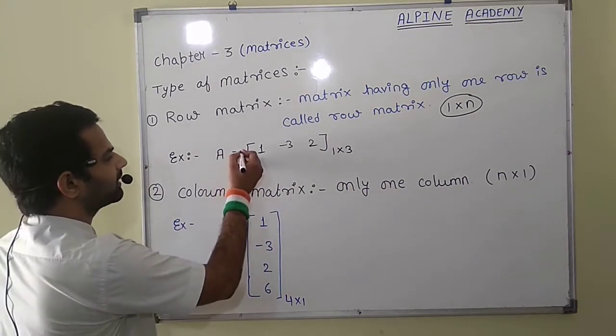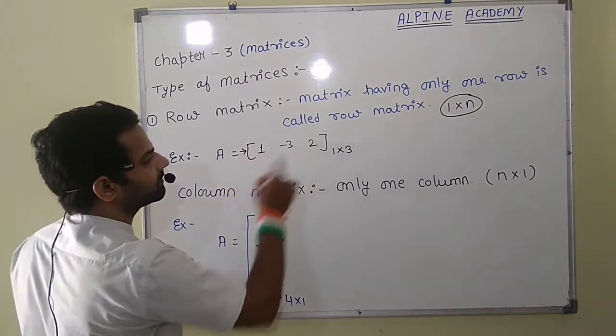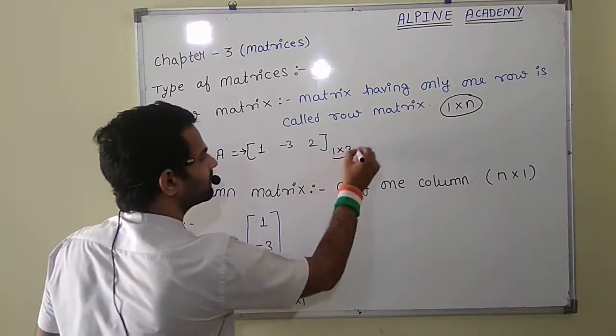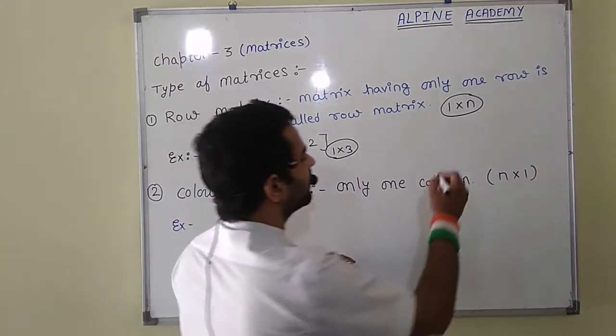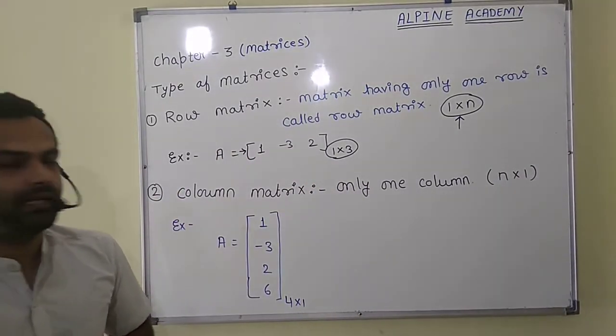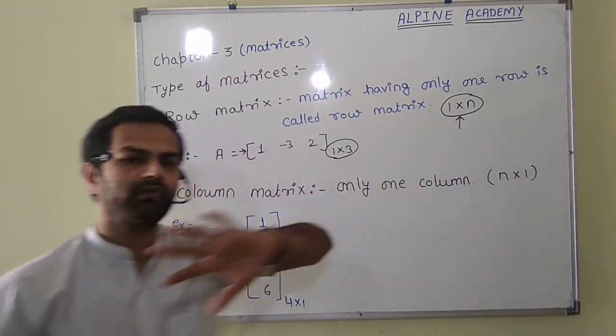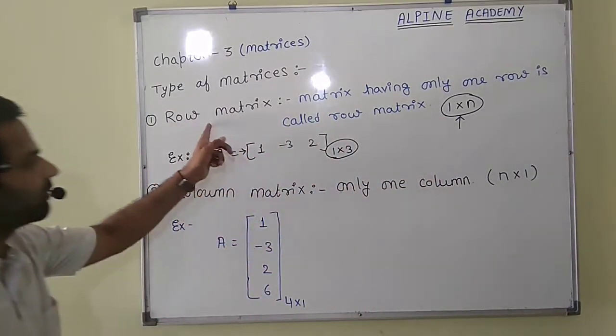In this matrix, the number of rows is 1 and the number of columns is 3, so the order of the matrix is 1 cross 3. The general order of a row matrix is 1 cross n. n can be any number: 1, 2, 3, 4, 5, 6, 7, 8, anything. So this is the representation of a row matrix.